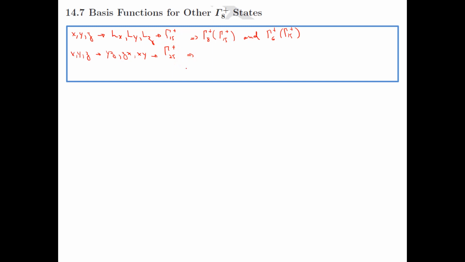So straight away, using the results we have obtained in the previous slide, you can get gamma 8 plus representations arising from gamma 2/5 plus, and gamma 6 plus arising from gamma 2/5 plus, right? And so on. You can use that result in many different flavors, many different possibilities. Okay?